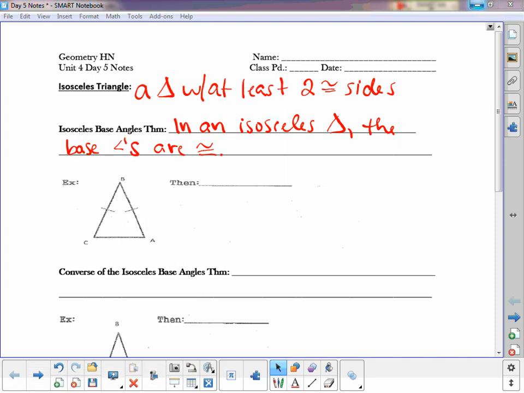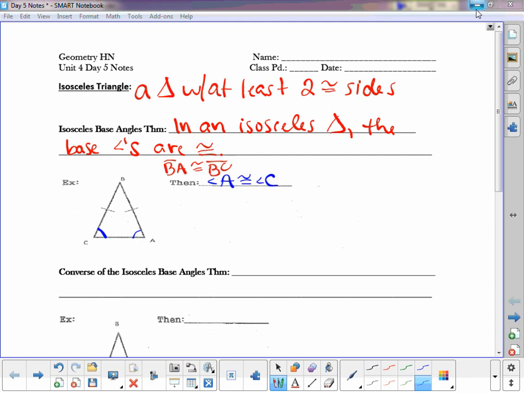So here I have my two sides. So we have side BA is congruent to side BC. Then what else can we say? Ryan, help us out. What else can we say? Very good. We have angle C and angle A are congruent. Angle A is congruent to angle C.